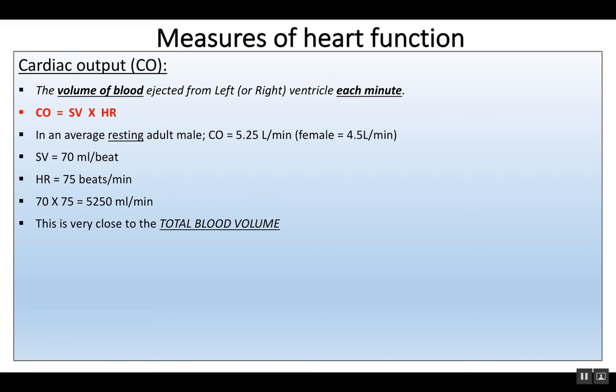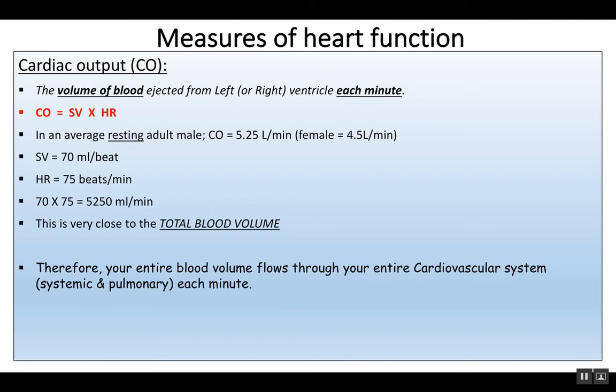And at rest, that entire volume circulates throughout the entire cardiovascular system in 1 minute. And that's at rest. If we were to exercise, we could get that cardiac output up 4 to 5 times that. So during maximal intense exercise, your heart is circulating over 20 liters of blood per minute, which is very significant.